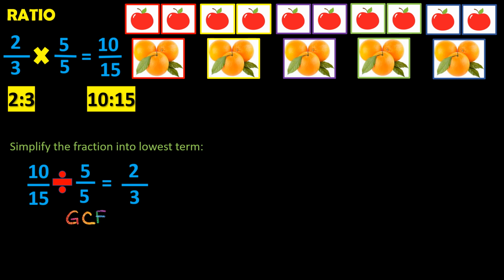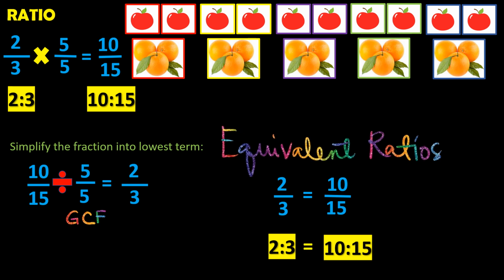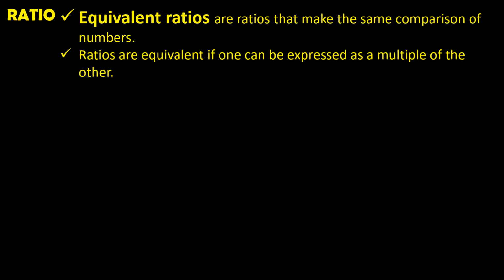That's the simplest form, or the smallest value, or the lowest term. In this case, our fractions 2/3 and 10 over 15 are called equivalent ratios.